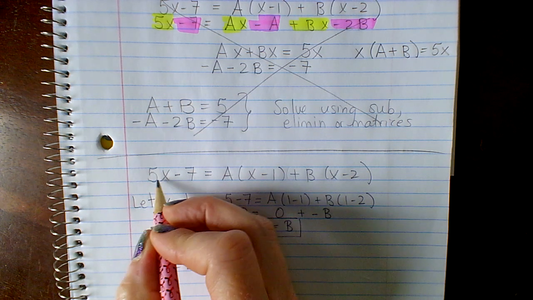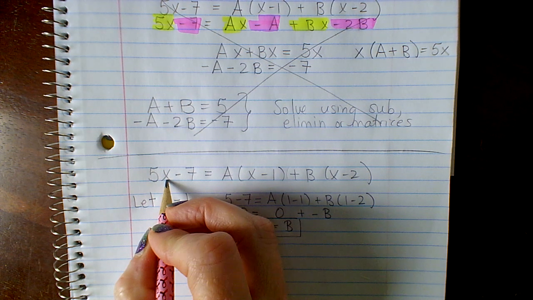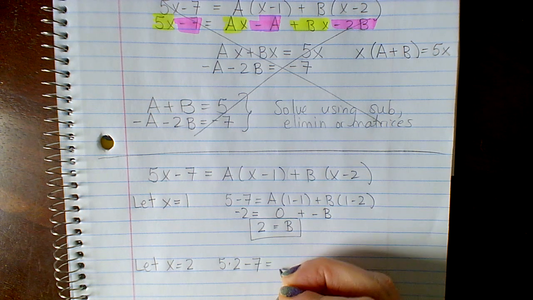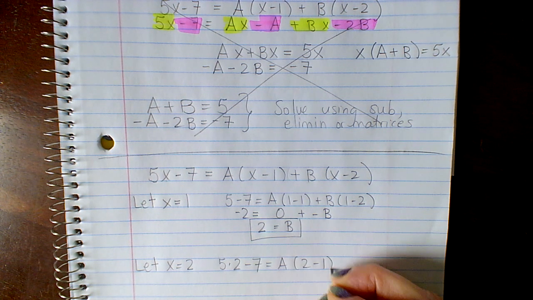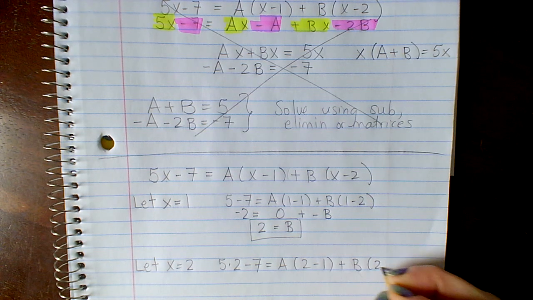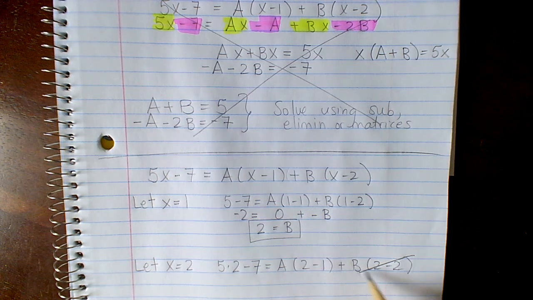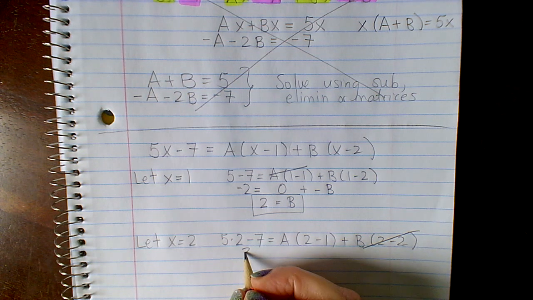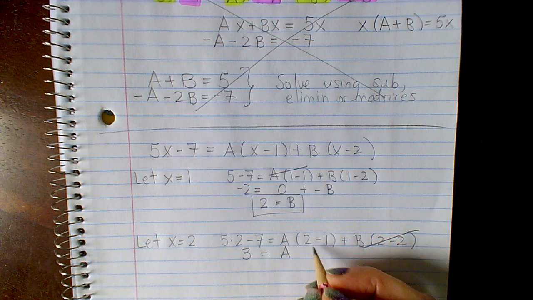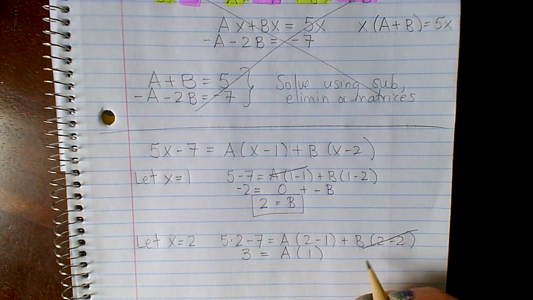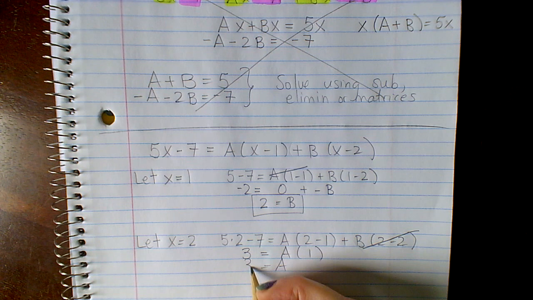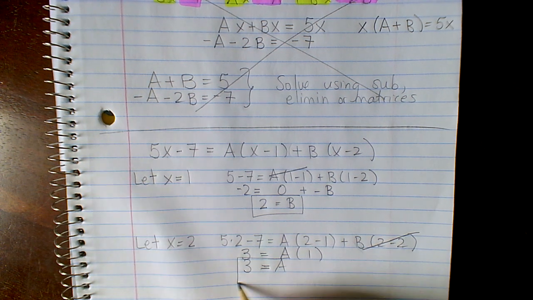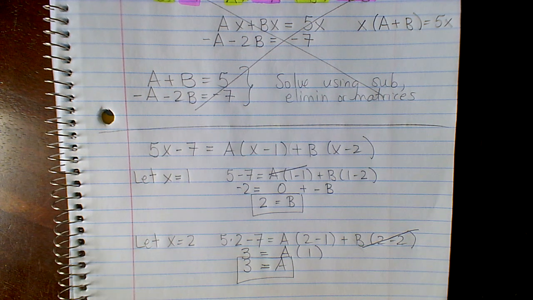That's going to be 5 times 2 minus 7 equals a times 2 minus 1 plus b times 2 minus 2. That's 0, just like that was 0. So 10 minus 7 is 3, and then 2 minus 1 is 1. That's just 0. Booyah, a is 3. Okay, we're done.